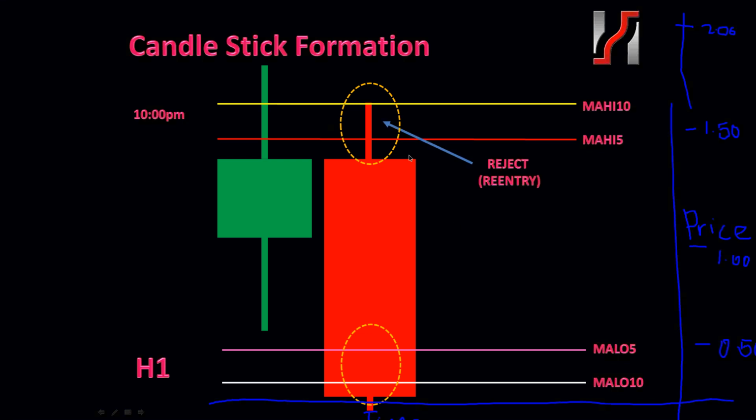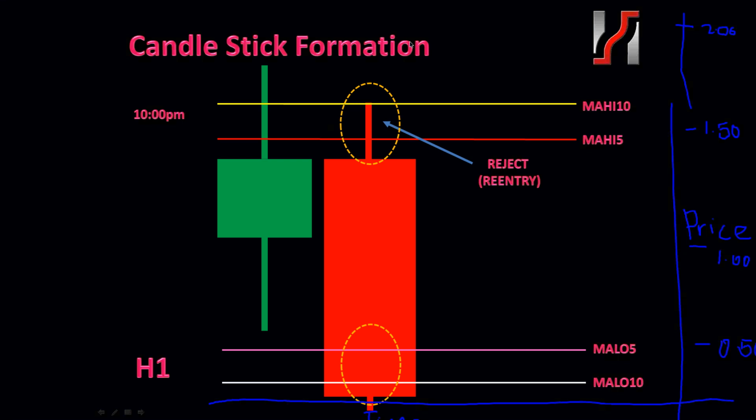We need to understand that whenever a candle rejected a sell indicator or probably a buy indicator, this is an entry for sell. We call it re-entry in BBMA, but obviously this is an entry for sell. And down here, you know that the candle has broken through the buy indicator, so you know for a fact that this is a candlestick direction, that it tells you the price is going down.